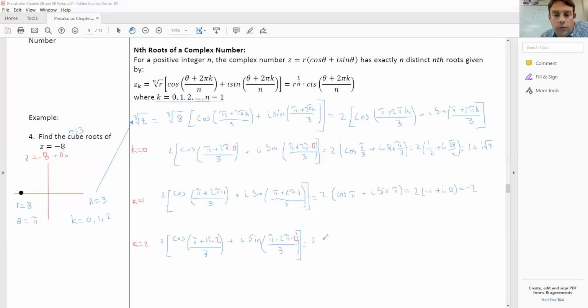So 2 cosine of 5 pi over 3 plus I sine of 5 pi over 3.